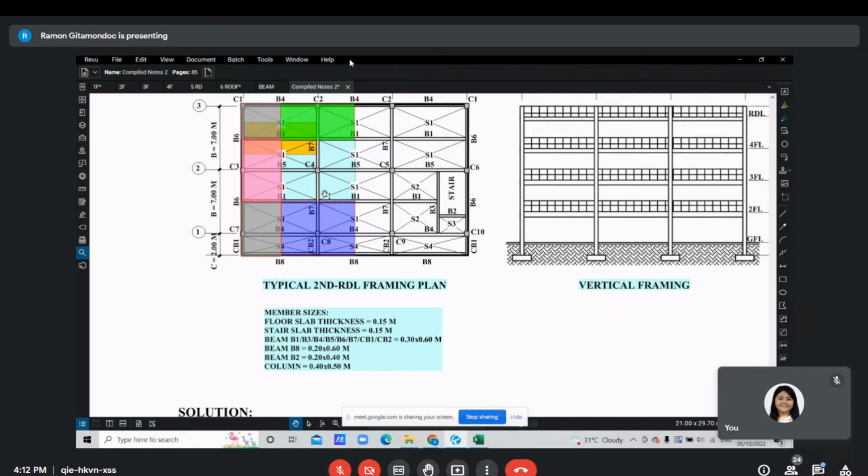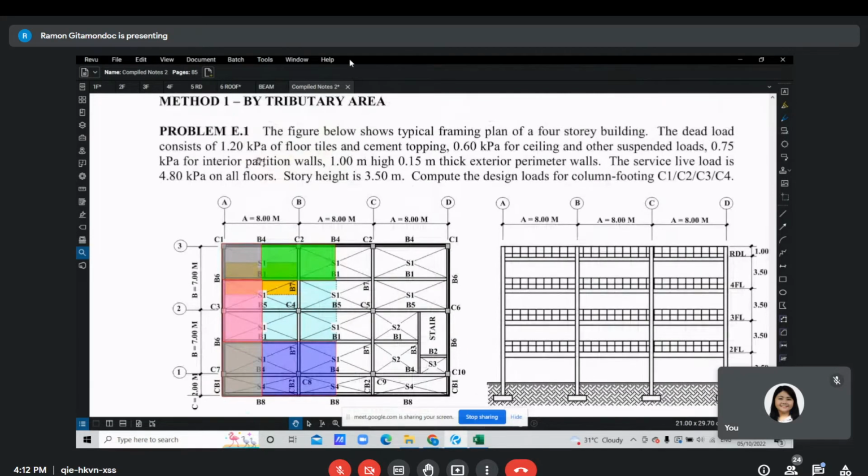Now for the uniformly distributed load, example sa kaning naaman tay kaning dead load, for example, 1.2 kPa sa floor tile cement topping, so you just multiply 1.2 kPa by the area, no? Area which is affected, no, by the floor tiles and cement topping. Yeah, so suspended ceilings, ilawom sinisiya, no?